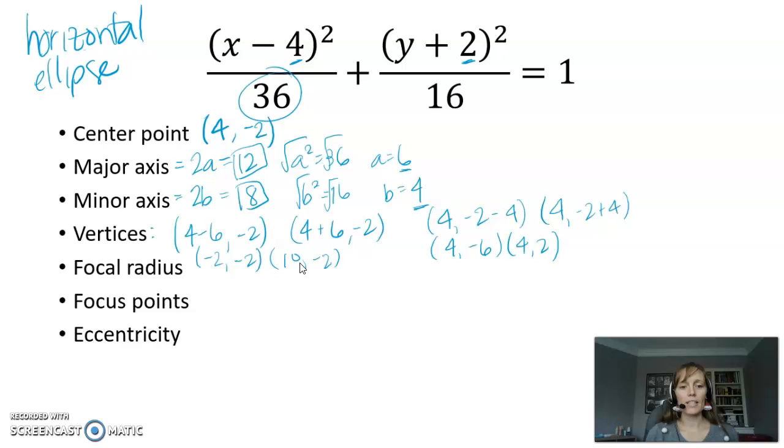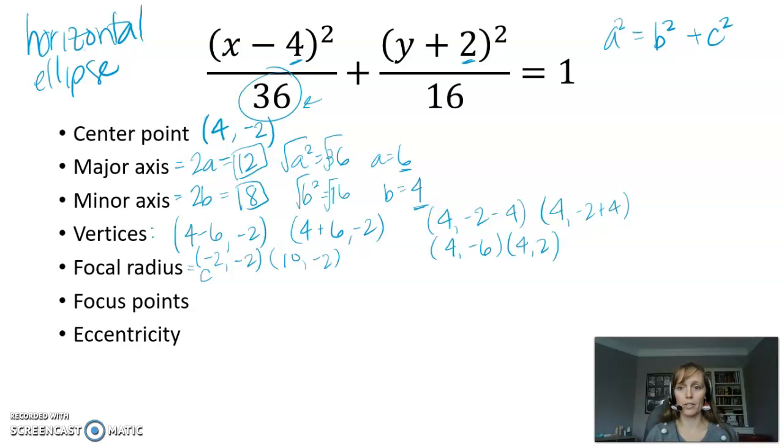The next thing here is the focal radius. Remember that the focal radius is equal to c. And so in order to find the focal radius, I use the relationship that almost looks like the Pythagorean theorem, but not quite. And that relationship is that a squared is equal to b squared plus c squared. Remember that a squared and b squared we're going to be able to find directly from our equation.